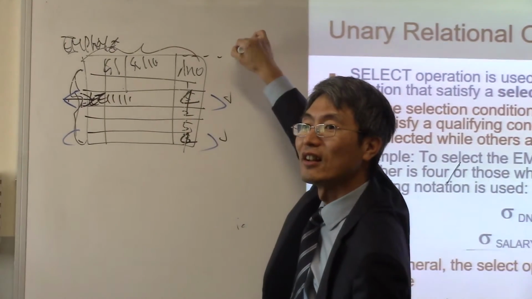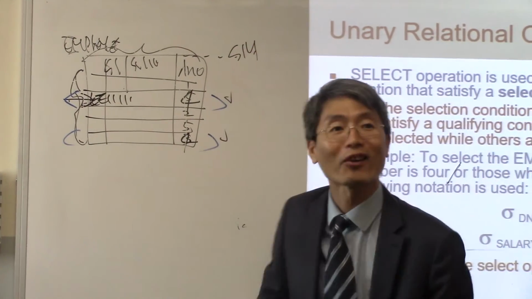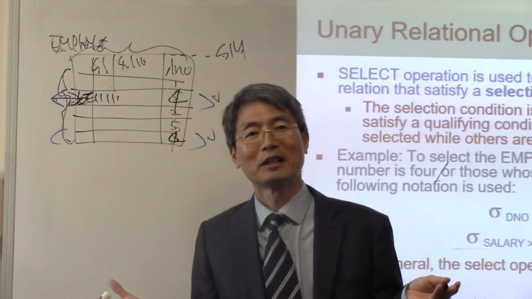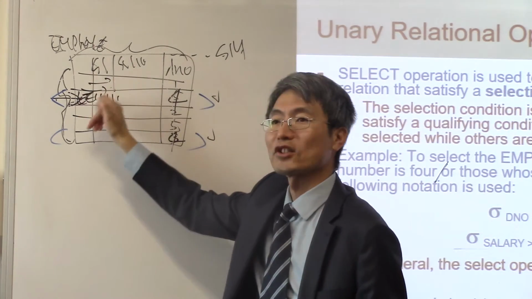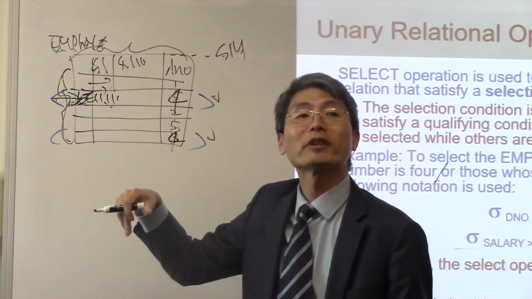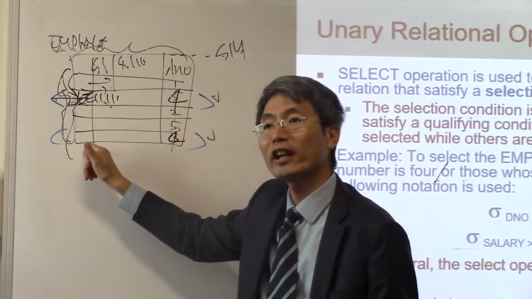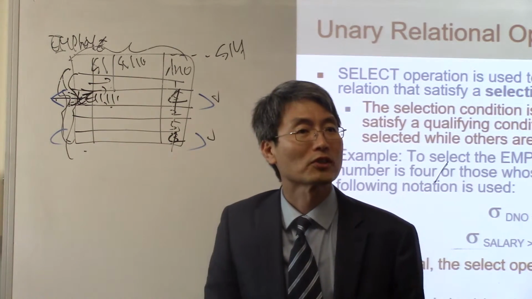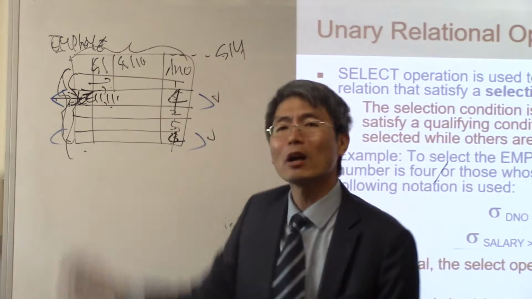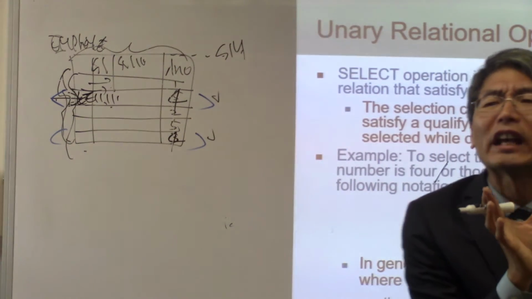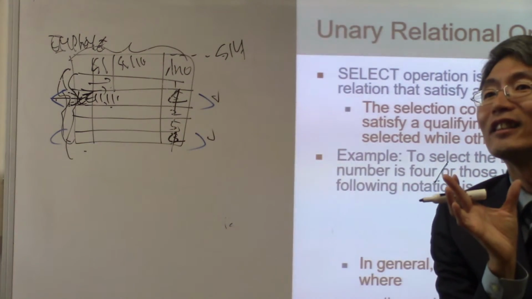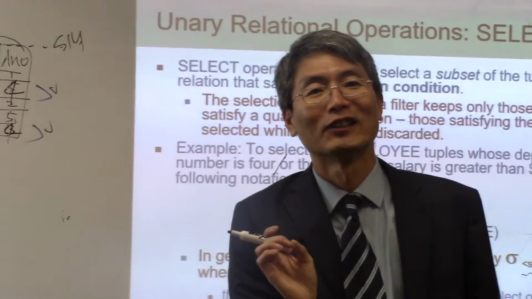How many sensors? Millions of sensors. How many columns? Millions of columns. Then data will be inserted every hour. So how many rows in a day? Only 24 rows.